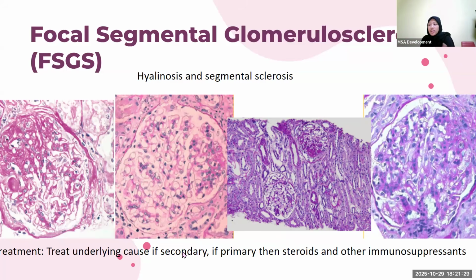So treat HIV, stop heroin, treat the sickle cell attacks first in secondary causes. If it's primary, if it just happened without any risk factors or cause, again, steroids and other immunosuppressants would help resolve this issue. And yeah, that is it for focal segmental glomerulosclerosis.